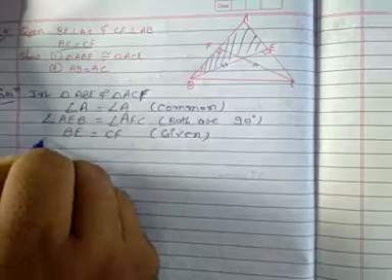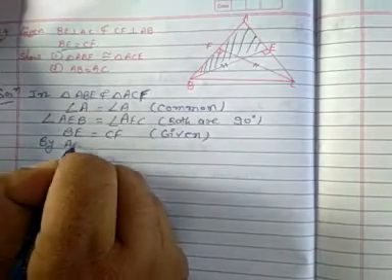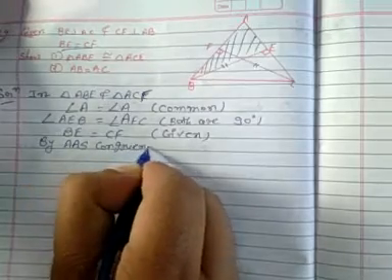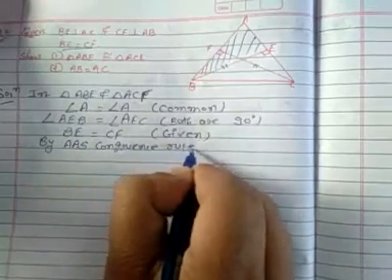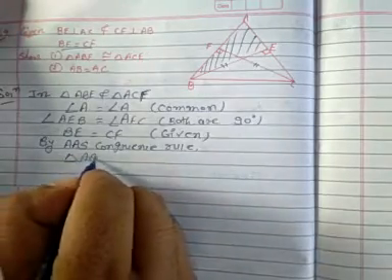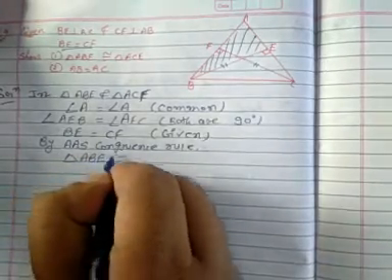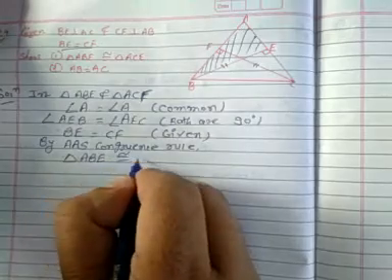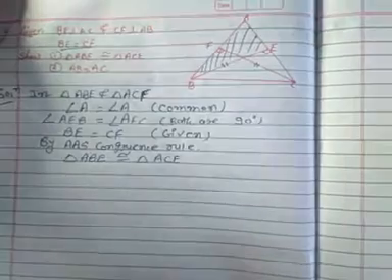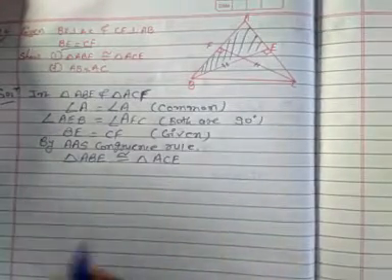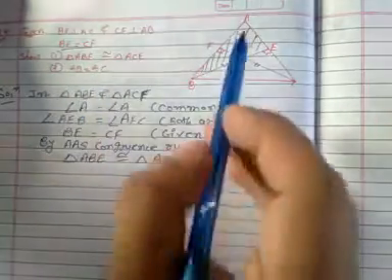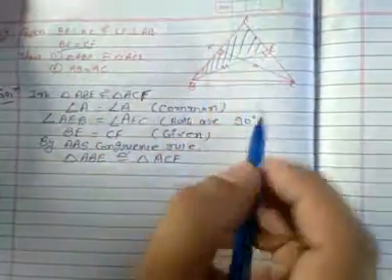So by angle-angle-side congruence rule, triangle ABE is congruent to triangle ACF. Now we need to show that AB is equal to AC.